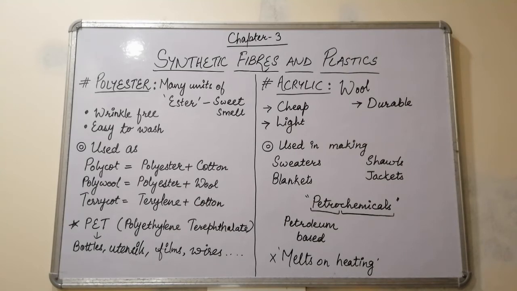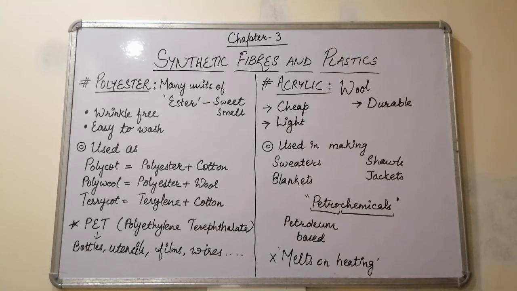In the process of refining petrol, we get many other materials like diesel, kerosene, wax, or other different types of materials. So all those petrochemicals are the chemicals which are used in synthesis of these artificial fibers.